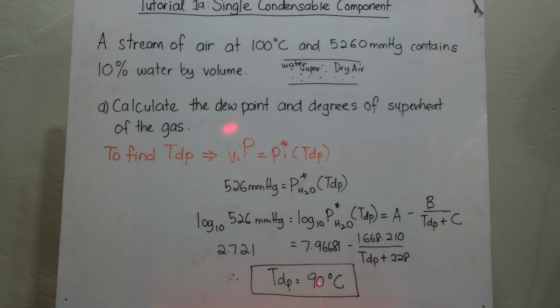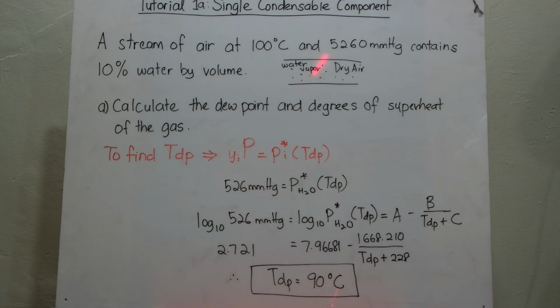We know just now the partial pressure of this water vapor in this system is 526 from our previous calculation, equal to the vapor pressure of water at temperature dew point, which we do not know.